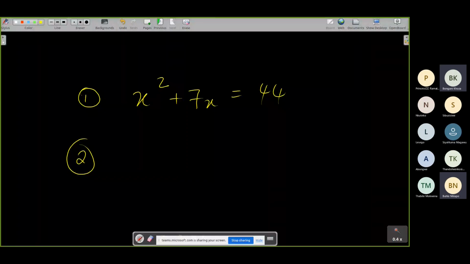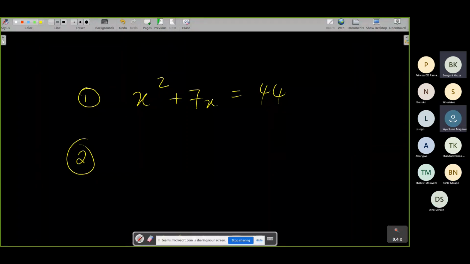All right, so for those who are not seeing, the equation is x squared plus 7x equals 44.